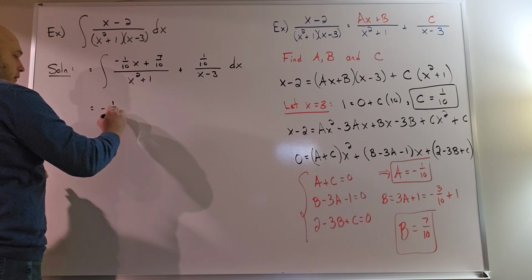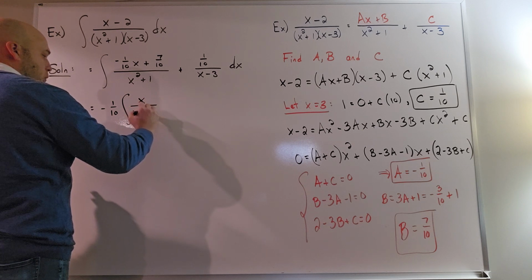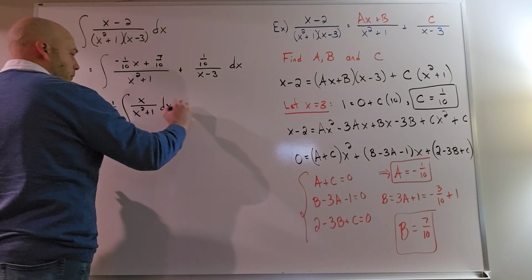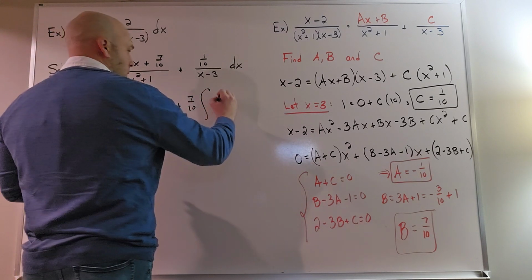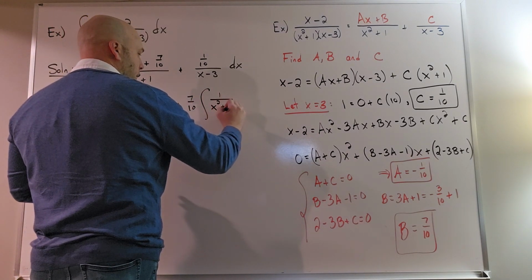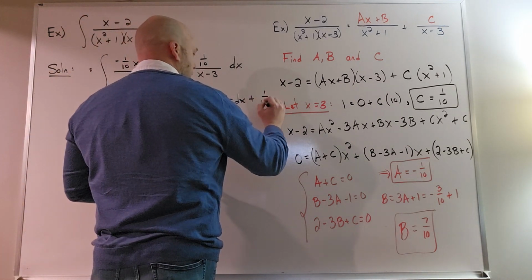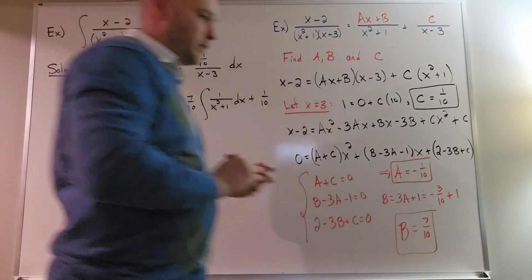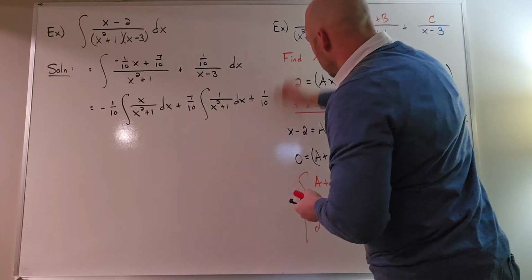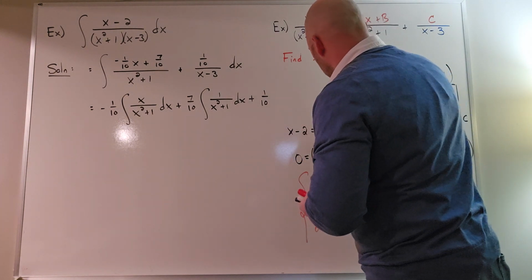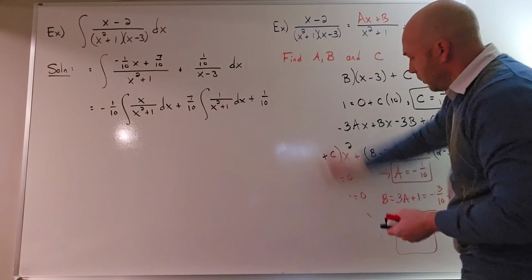Negative 1/10 integral x over x squared plus 1 plus 7/10 integral 1 over x squared plus 1 plus 1/10. Of course, I ran out of room. Give myself some space here so that I can then compute the integrals.